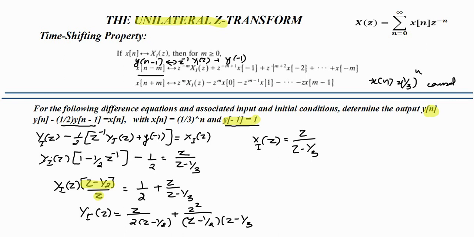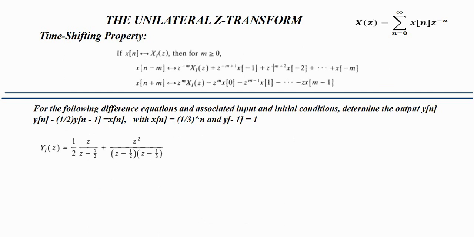Now we need to perform the partial fraction of the second term. It is already in the normal form, so now we need to factorize this particular term. For example, assume that this is M of z.